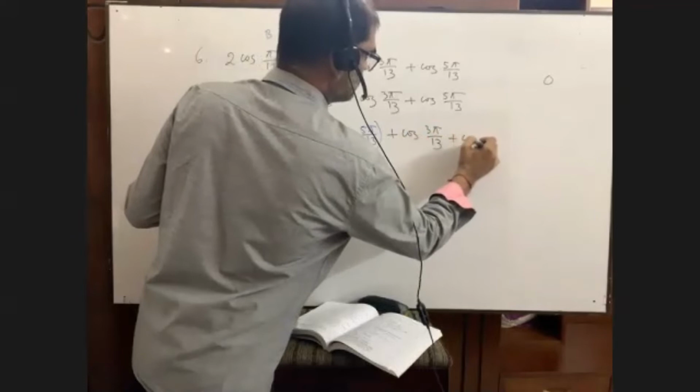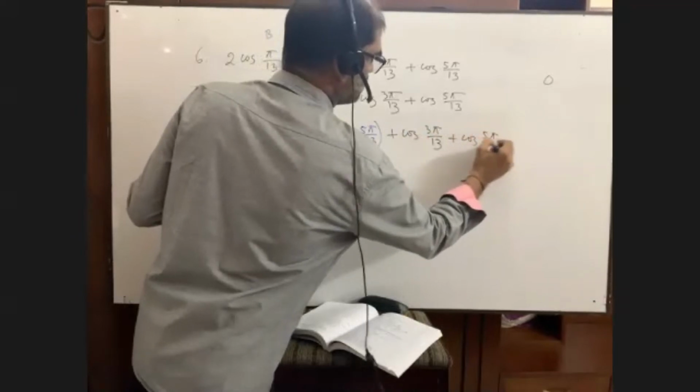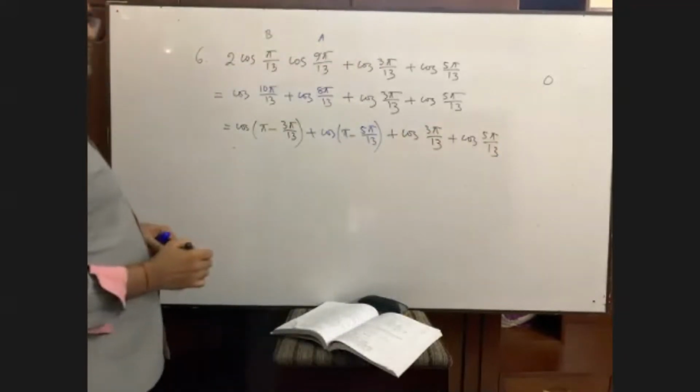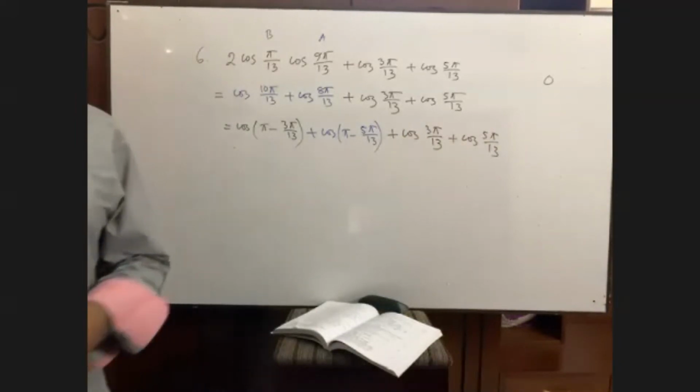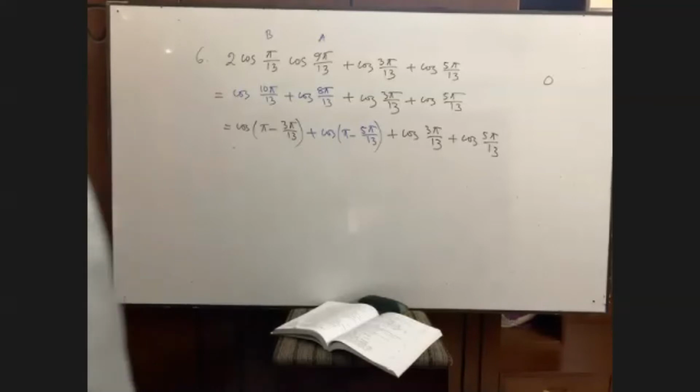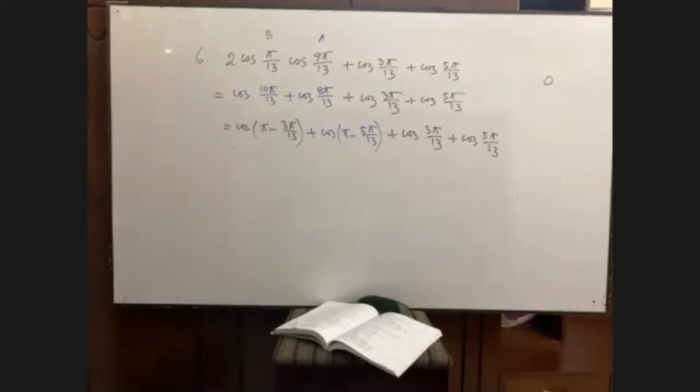Now can you see the board? No, please. Some of you can refresh. There is no problem from my side, it is okay because I can see it in the computer. Now it's clear, sir. Okay.